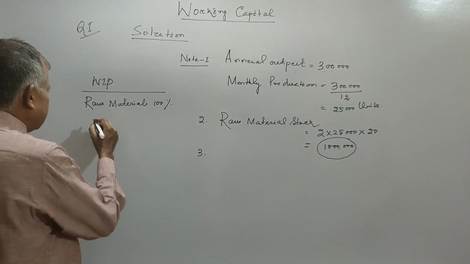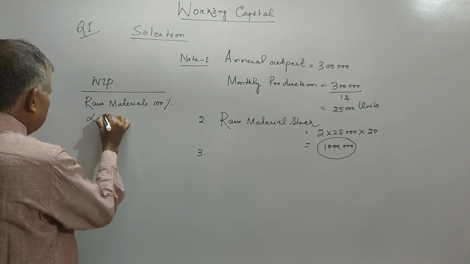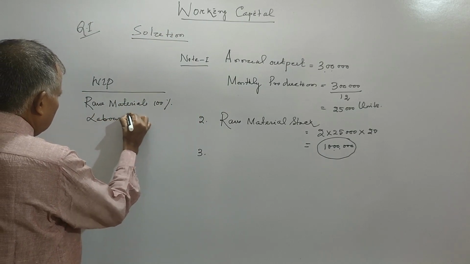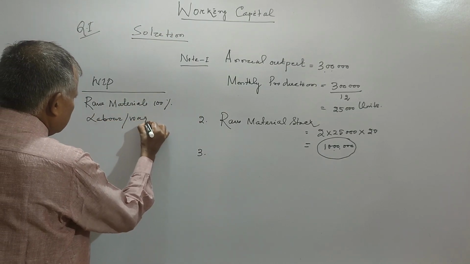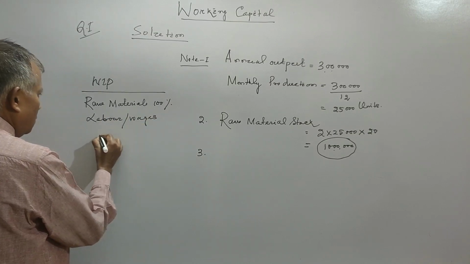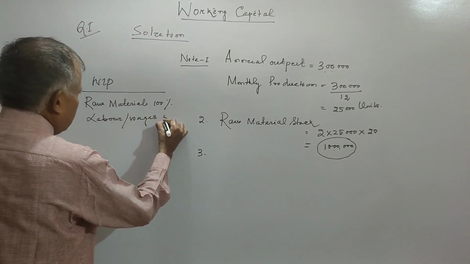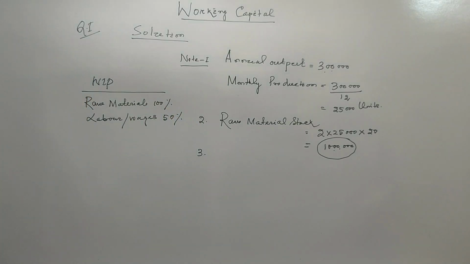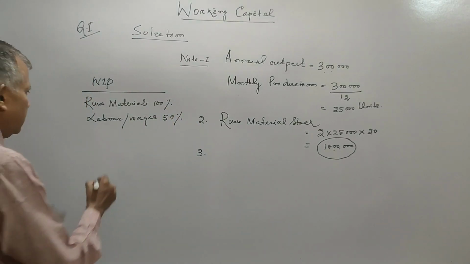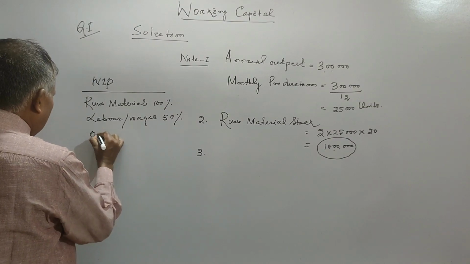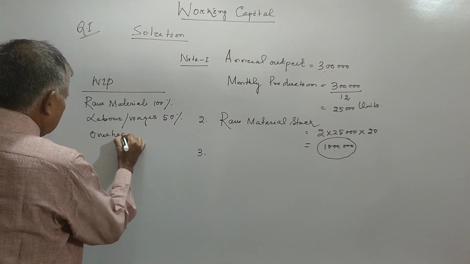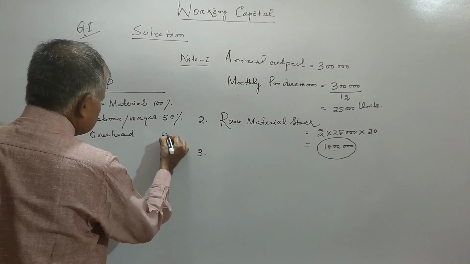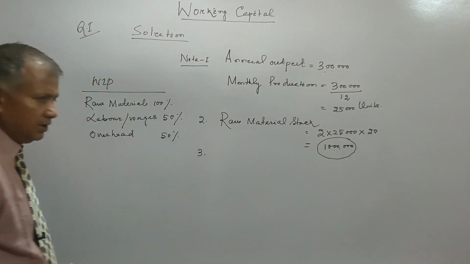But other expenses like labor wages, 50% of the requirement, and overhead also 50% of requirement.